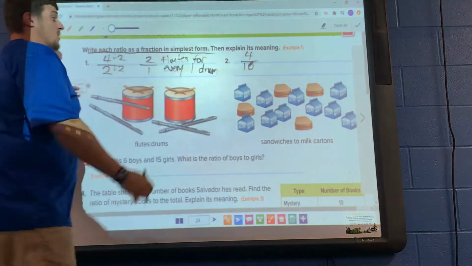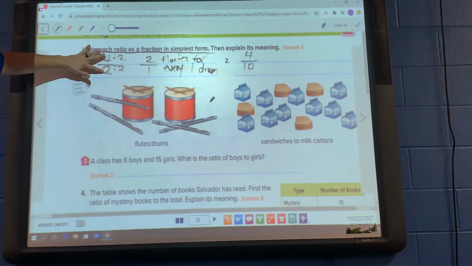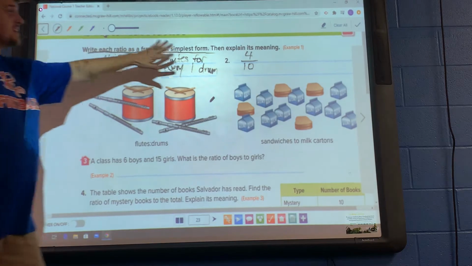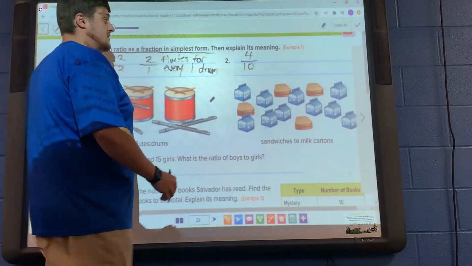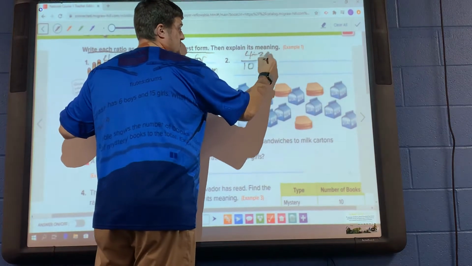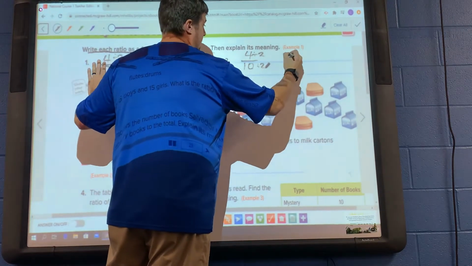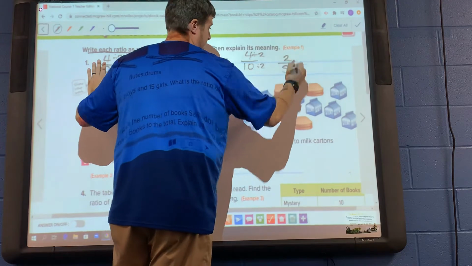Okay, so this isn't like this one where we could just divide by 2. Now we got to figure out what we're actually dividing by here, which, after I just said that, is actually going to be 2. So 4 divided by 2, 10 divided by 2. So we get 2 to 5.